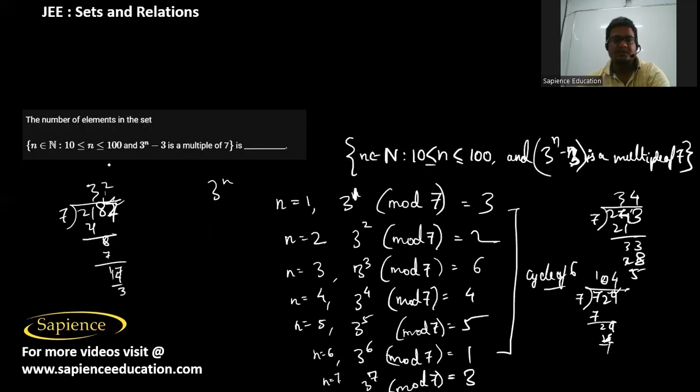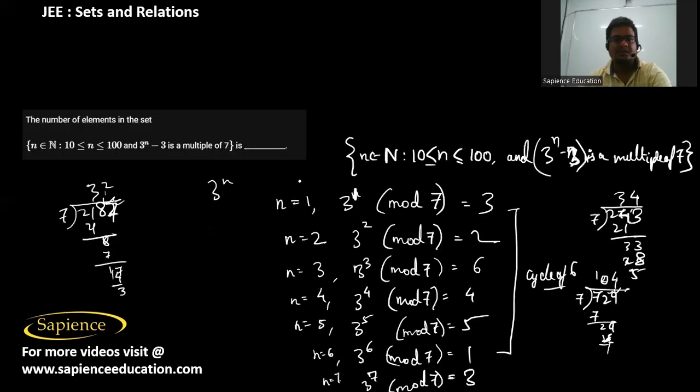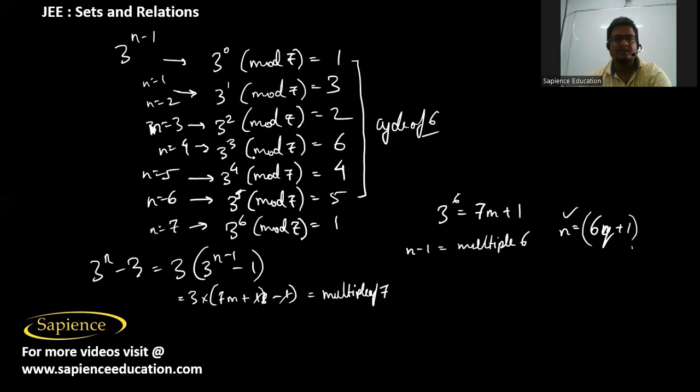So n is going from 10 to 100. Whenever n is of this form, only then can we say that 3 power n minus 3 is a multiple of 7. So from 10 to 100, 6 plus 1 is 7, 6 twos are 12, 12 plus 1 is 13. We have to check which numbers from 10 to 100 are of the form 6q plus 1.